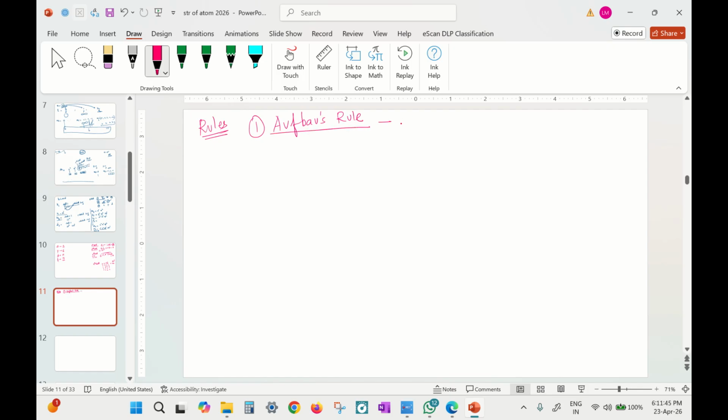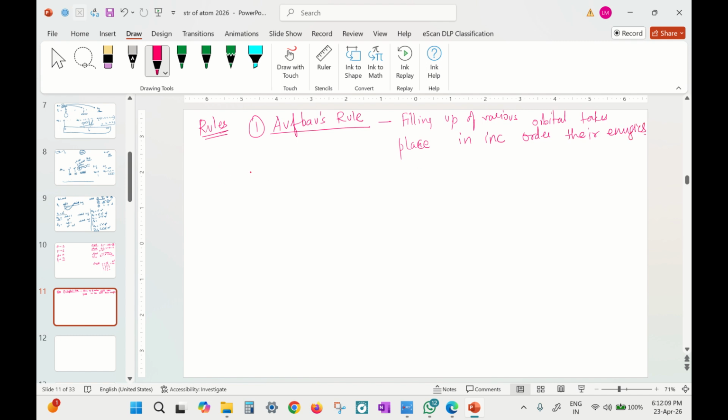Okay. Aufbau's rule says that filling up of various subshells or orbitals, we can put it as orbitals, takes place in increasing order of their energies.